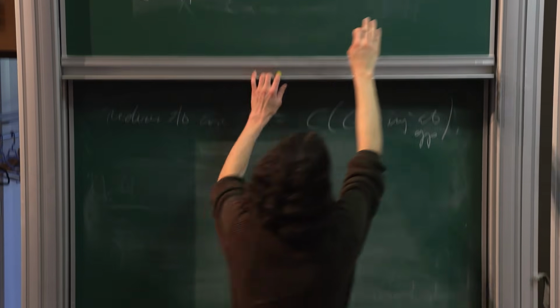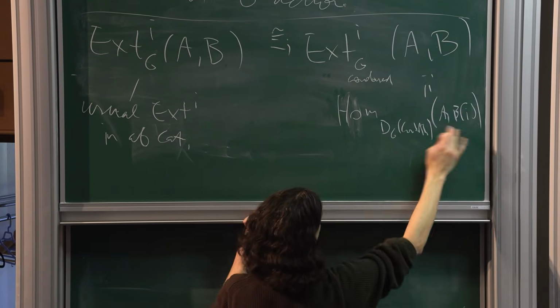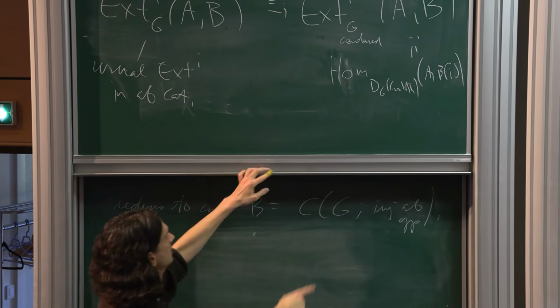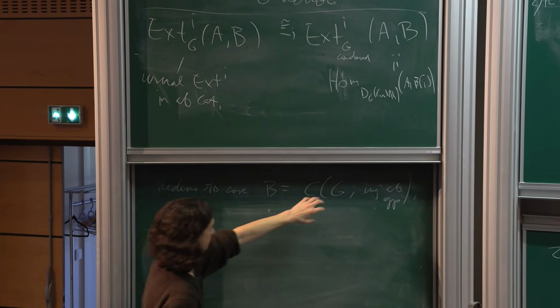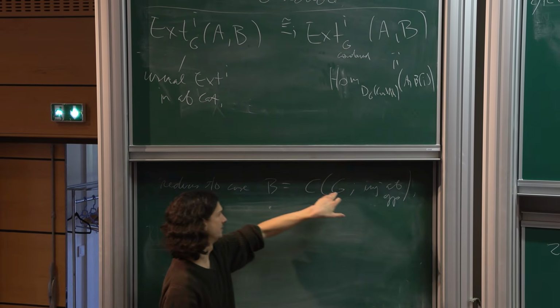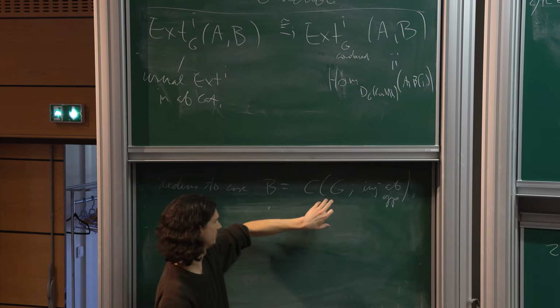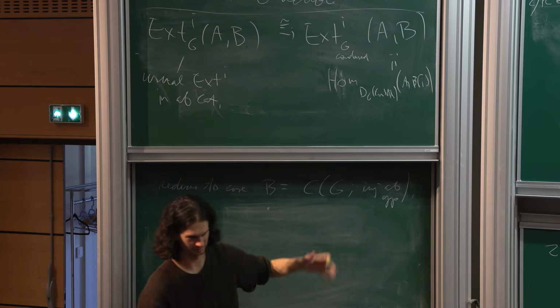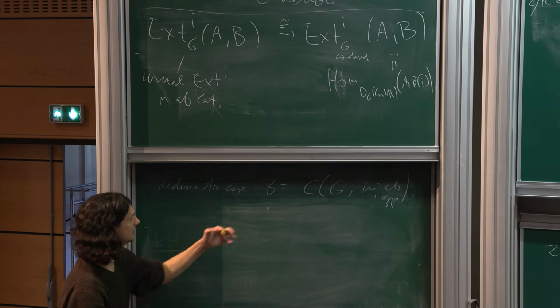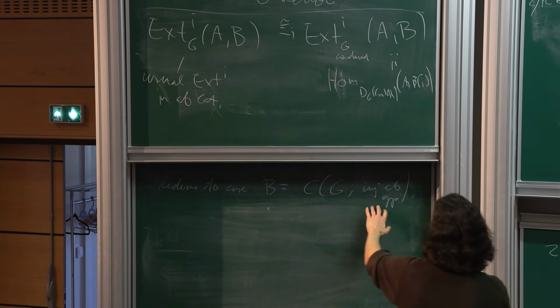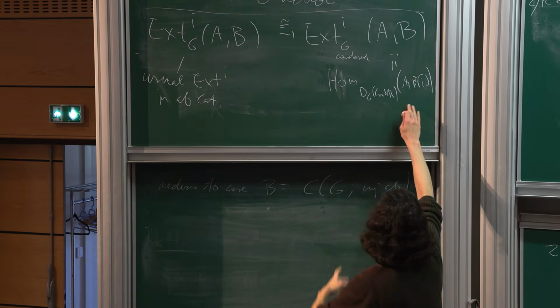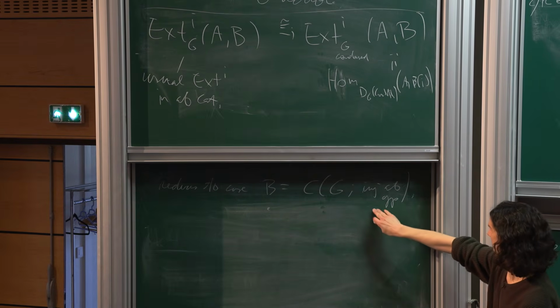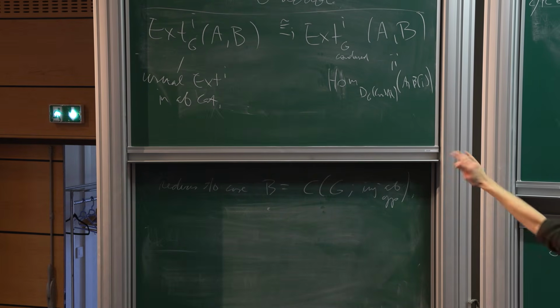And then you just need to see that these guys vanish in positive degrees for this. But there's no higher derived functors for continuous maps from G to this because G is profinite, in the previous cohomology calculation. And then that tells you that this is the co-free object, and then you reduce to the fact that an injective abelian group doesn't have any Ext's either. So it's a very, very short argument giving this.